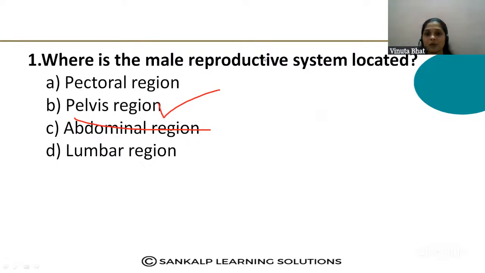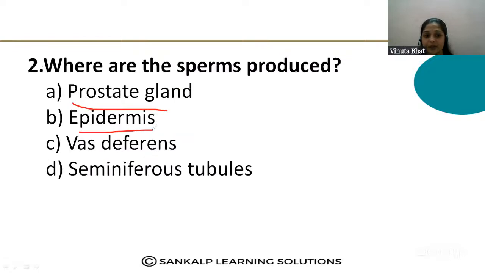Where are the sperms produced? Where does the production of the sperms take place? Option A, prostate gland, option B, epididymis, option C, vas deferens, option D, seminiferous tubules. What is the answer?